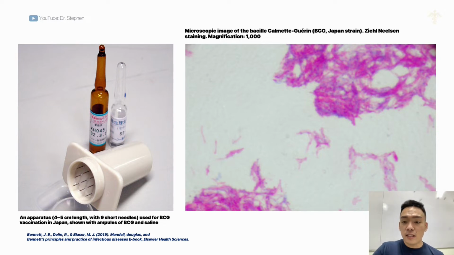Although non-conclusive, this provides us the evidence that trained immunity will mediate at least part of the heterologous protection observed with your BCG vaccination.